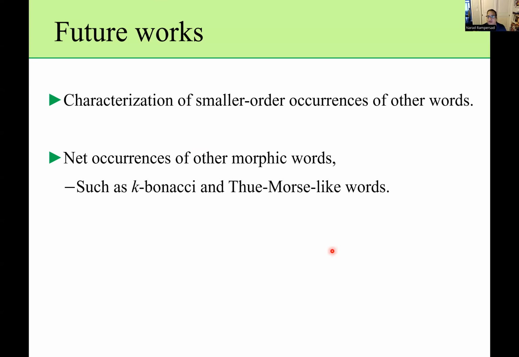Does anyone have any questions? Hajime. Thank you for a nice talk. You are considering the future work of other morphic words. So my question is, as a generalization of Fibonacci words, is it possible to consider other Sturmian words?